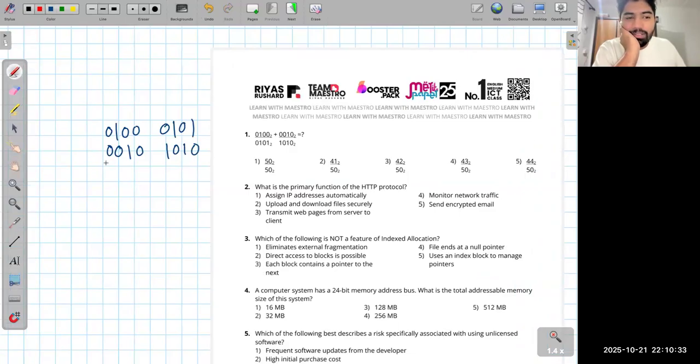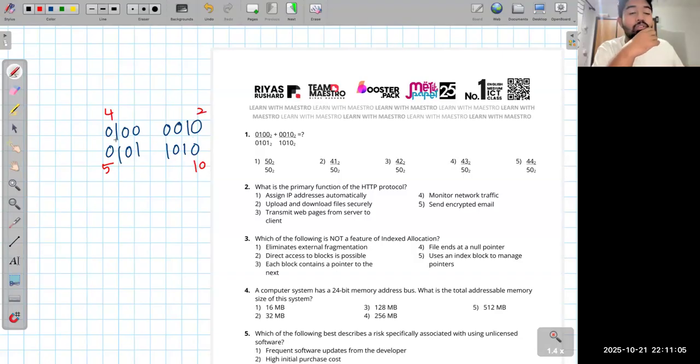Now try this. I haven't written it properly. This is 0 1 0 1, so the value is 5, and the other is 10. This is 4 and this is what I have written: 0010, so the value is 2.